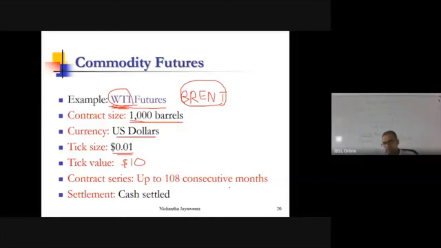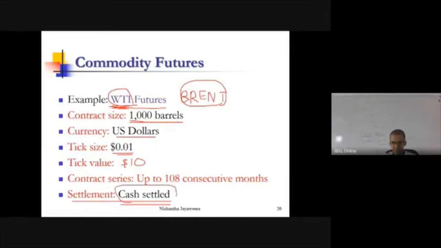It's about 9 years. So there may be 9 December deliveries: December 2020, December 2021, December 2022, likewise. And the settlement is cash settled.